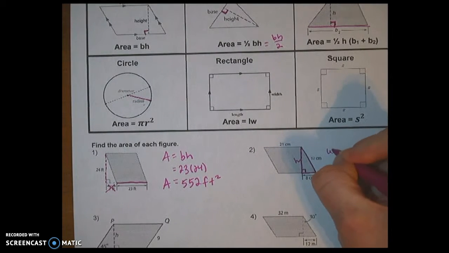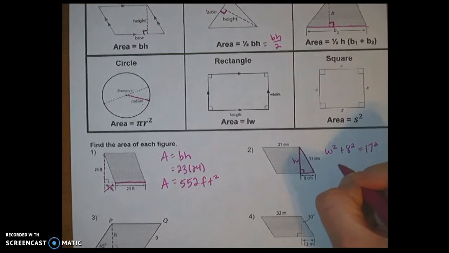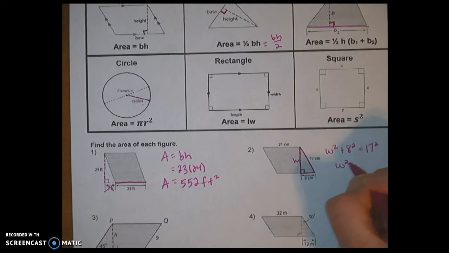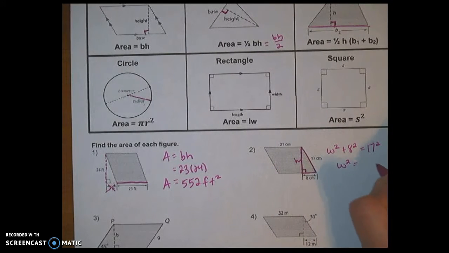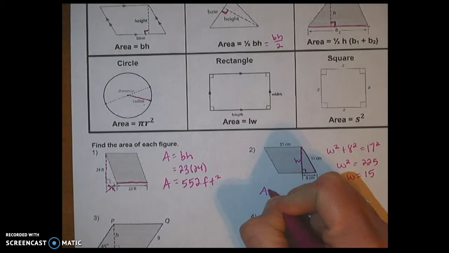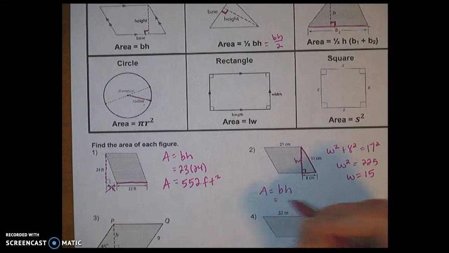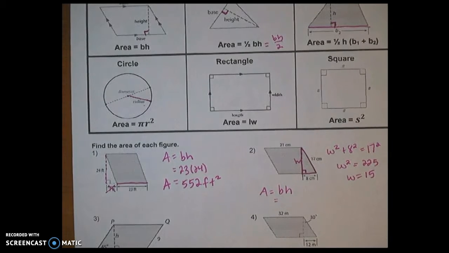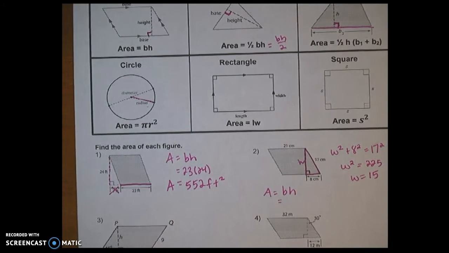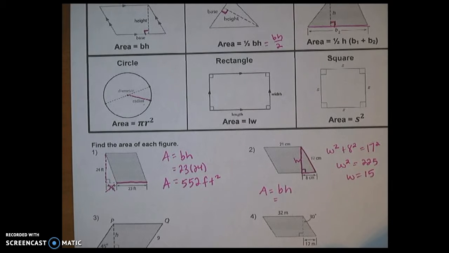We're going to do w squared plus 8 squared equals 17 squared. That is primarily why they gave you that distance right there. So w squared should equal 225. W is 15. Many of these problems that I give you are going to have multiple steps, because you should have been doing area, base times height or length times width, for a really long time at this point.